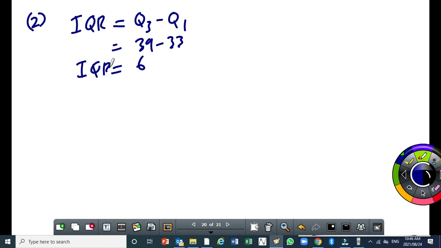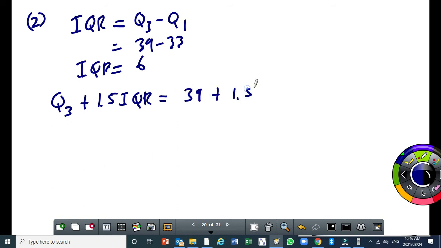Then the expression Q3 plus 1,5 times IQR is going to be equal to Q3, which is 39, plus 1,5 times the interquartile range. Now that will give me 39 plus 9, and then we will get 48. Okay, are you following that?